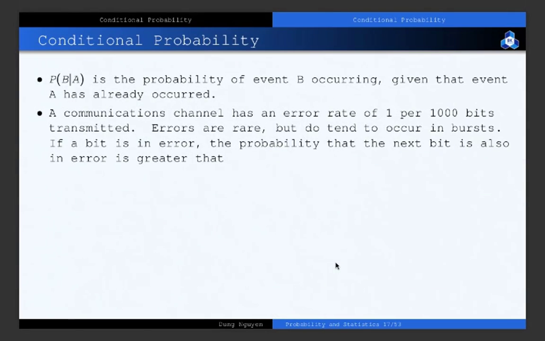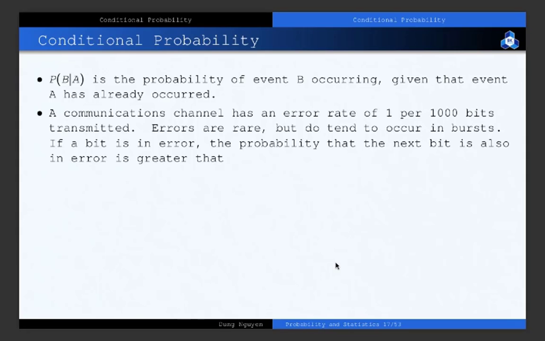For example, a communications channel has an error rate of 1 per 1000 bits transmitted. Errors are rare but do tend to occur in bursts.